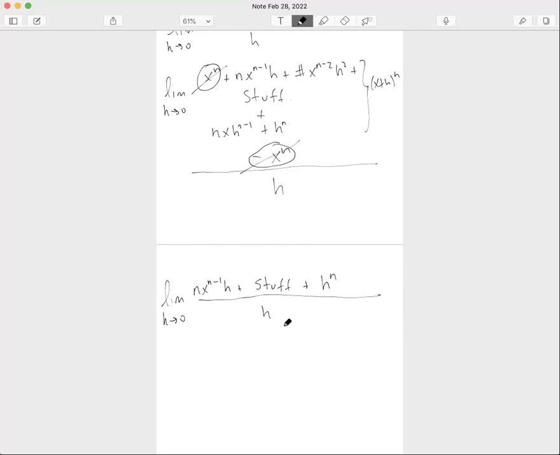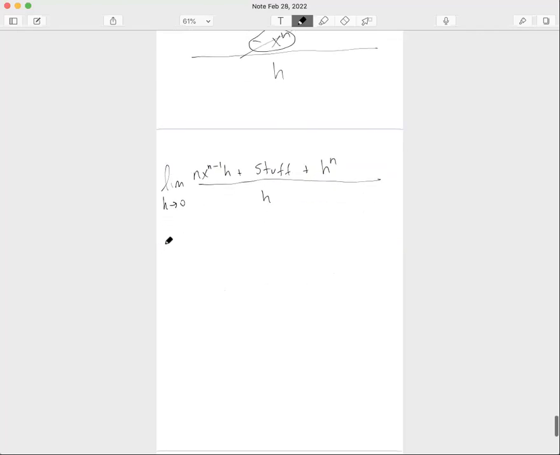Okay, can anything else cancel? The h, I think. Yeah. So notice why I put stuff here. It's because all the stuff has some power of h, right? When you factor out this h, notice the h goes away in the first term, right? But do you agree that every single other term will have a power of h?